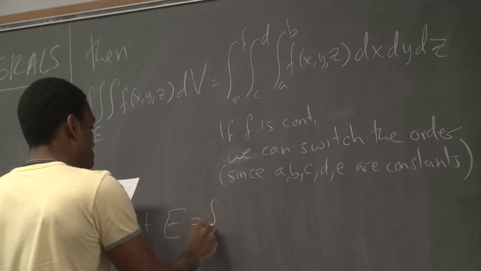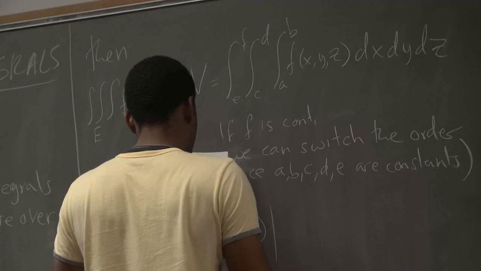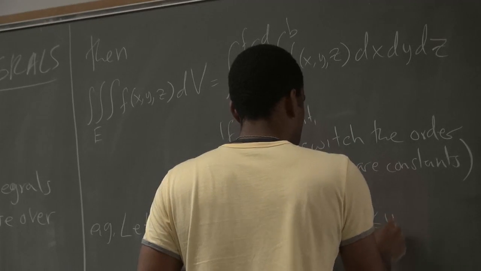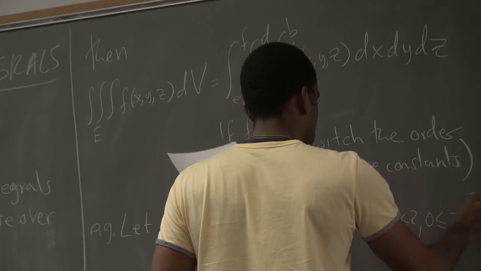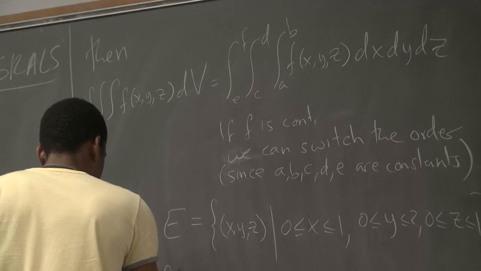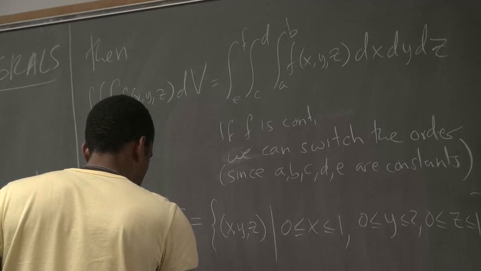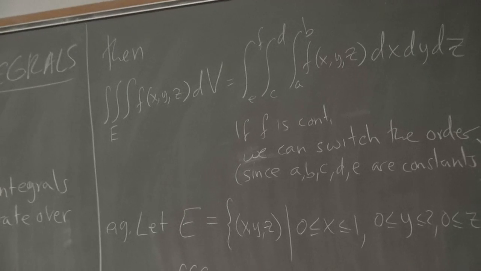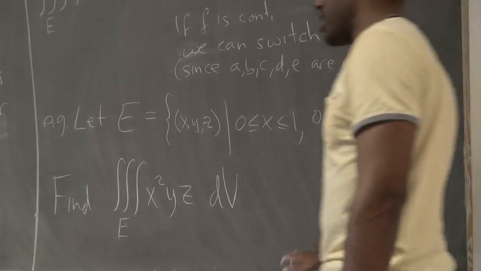Let E be the set of all points x, y, z such that x is between 0 and 1, y is between 0 and 2, z is between 0 and 1. I could do the Riemann sums for you, but I can't draw rectangles in the fourth dimension.